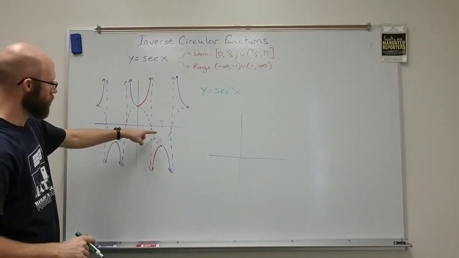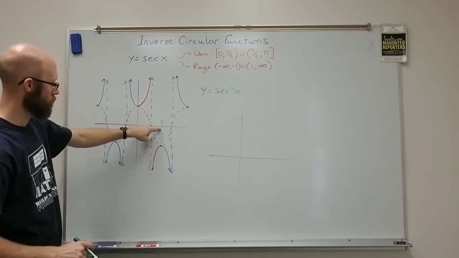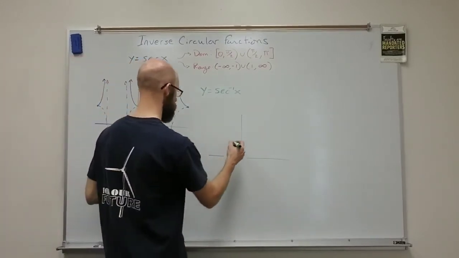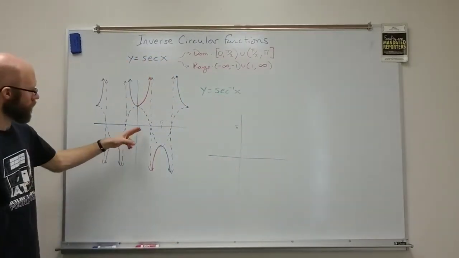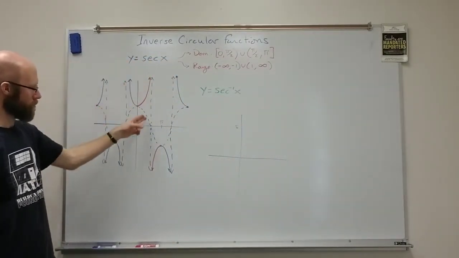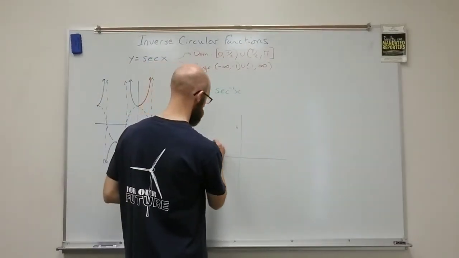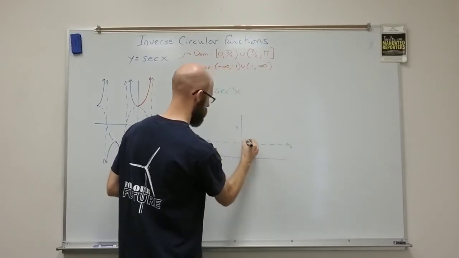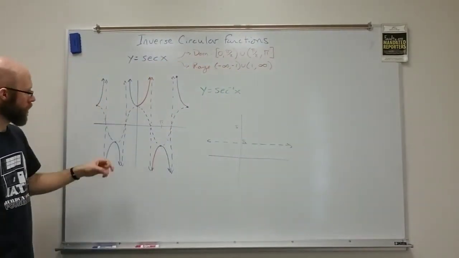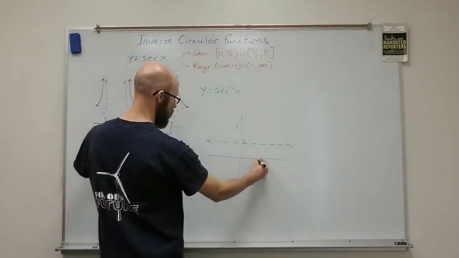I know that when I switch this around, my maximum is going to be up at pi. And then my vertical asymptote here at pi over 2 becomes a horizontal asymptote at pi over 2. And then my graph starts at 1 in the x direction.